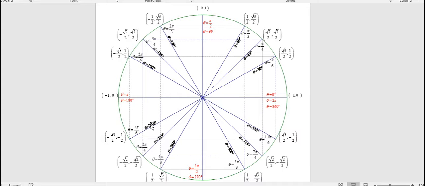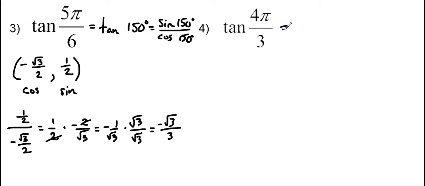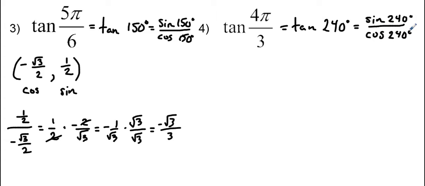So let's do the tangent of 4 pi over 3, and once again we'll go to our unit circle. So 4 pi over 3 is located right here, and that's 240 degrees. So we know the tangent of 4 pi over 3 is the same as the tangent of 240 degrees, and that's going to be the sine of 240 over the cosine of 240. The coordinates at 240 degrees were negative 1/2 and negative root 3 over 2.